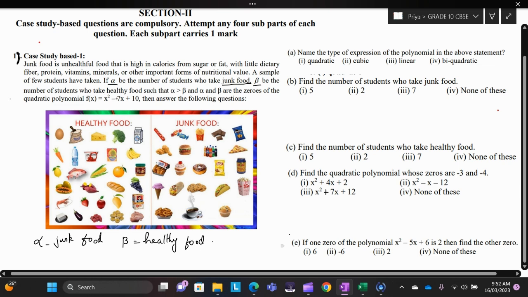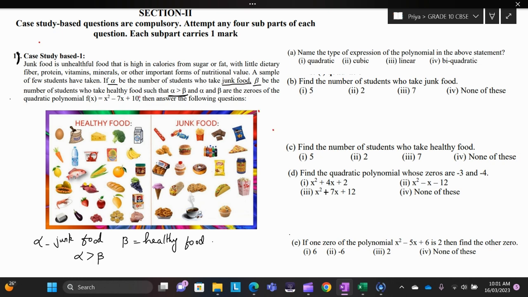And also read this condition which is given here, such that alpha is always greater than beta. So the number of students taking junk food will always be greater than the number of students taking healthy food, where alpha and beta are the zeros of the quadratic polynomial x square minus 7x plus 10.